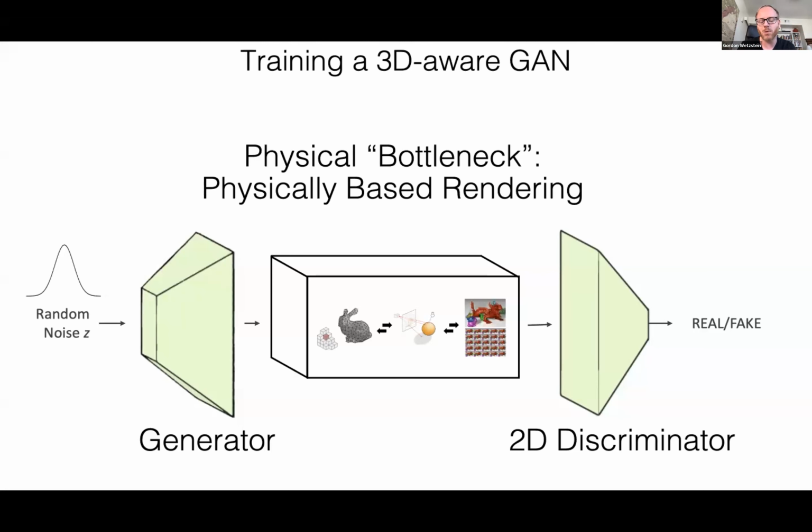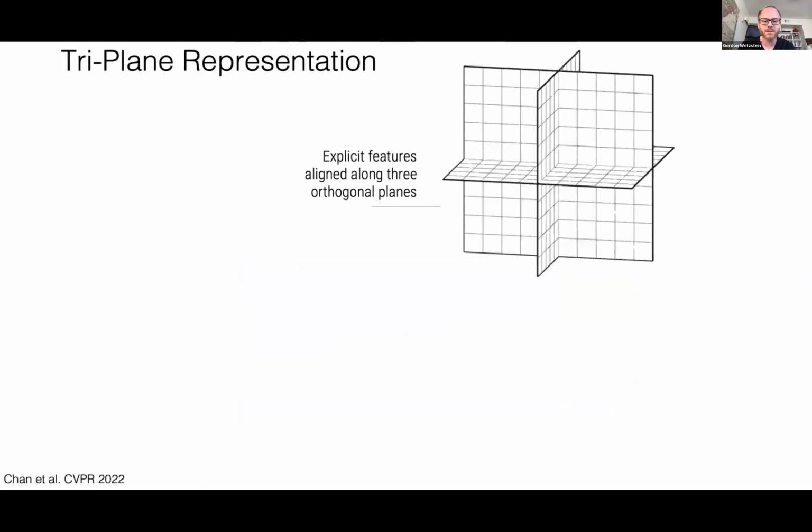It's a physically based bottleneck that makes sure that whatever the generator generates needs to go through the graphics pipeline and then is being rendered, and that's being discriminated. So if you think about this bottleneck, it actually is very useful, because then you force the generator to generate something that's physically meaningful and interpretable, editable, and so on and so forth. So we're just going to take this graphics pipeline and put it in between the generator and the discriminator.